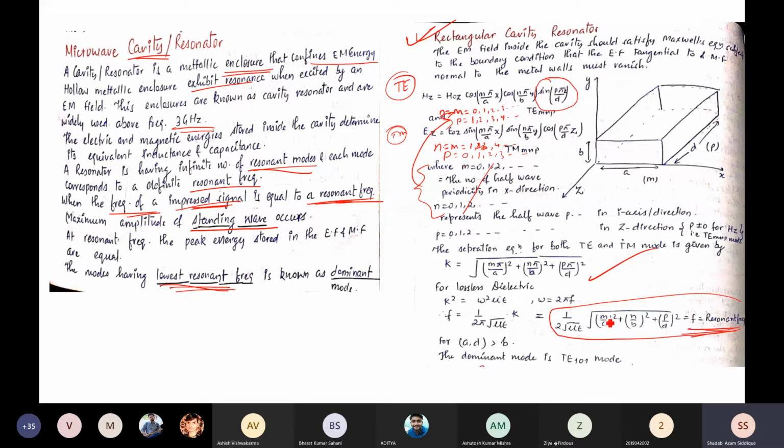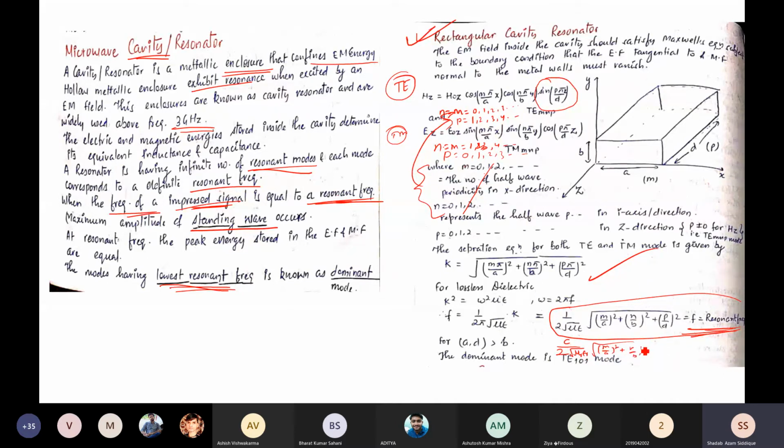Here we have taken π outside from all these components, so π is cancelled, and it is written directly as 1 by 2 root under με. You can also write, for μr εr equal to 1, c by 2 times the square root of (m/a)² plus (n/b)² plus (p/d)².